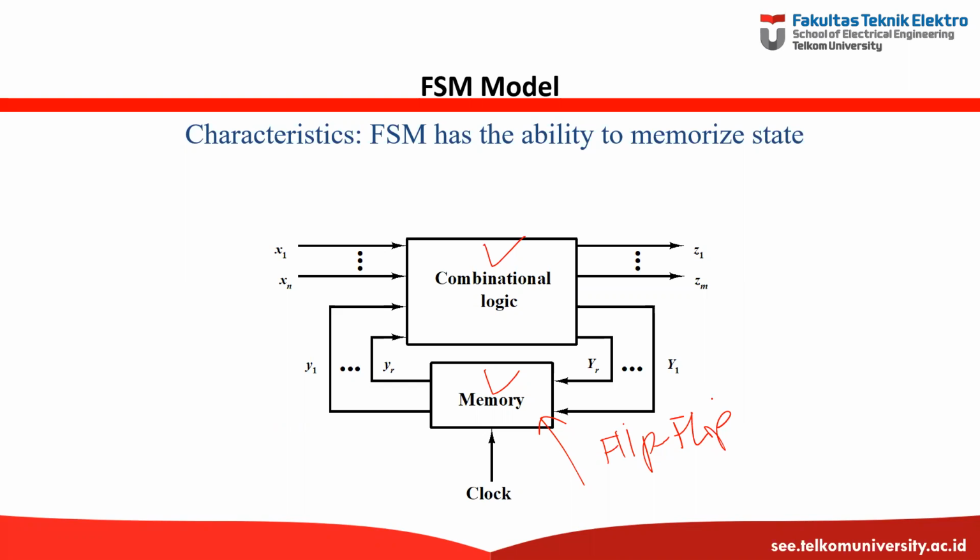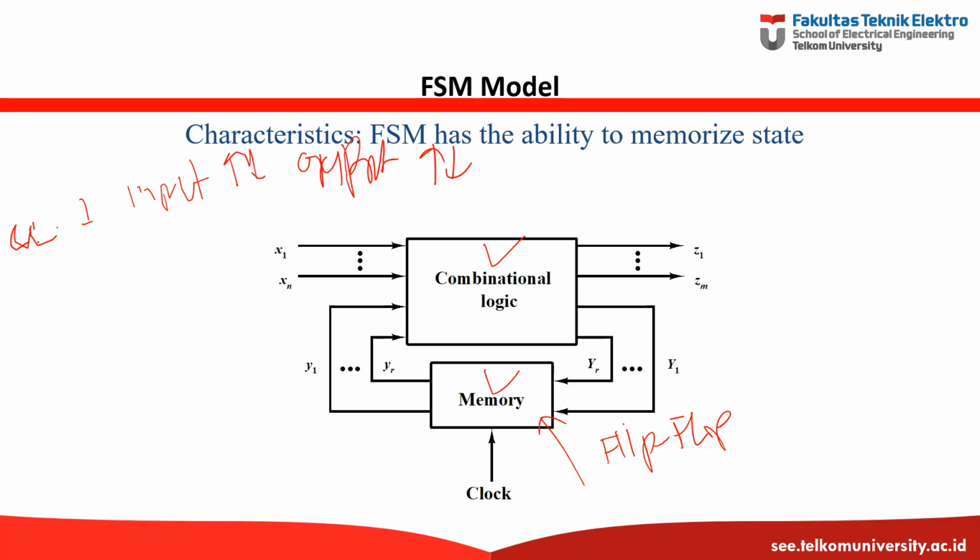And the main difference between FSM and pure combinational logic is, first, if we change the input, then in combinational logic, the output will also change.